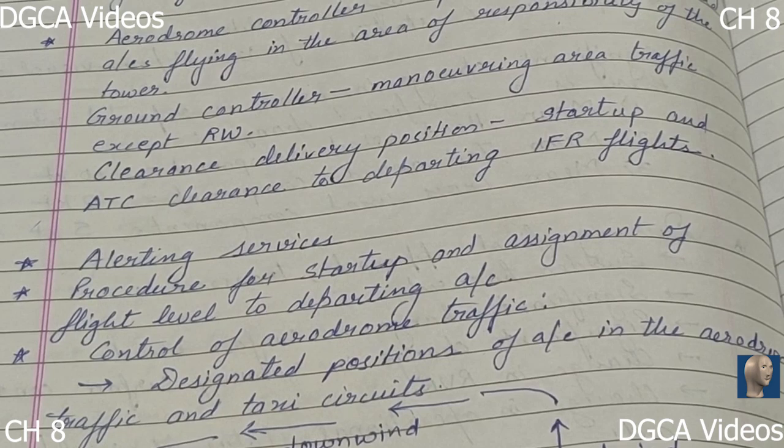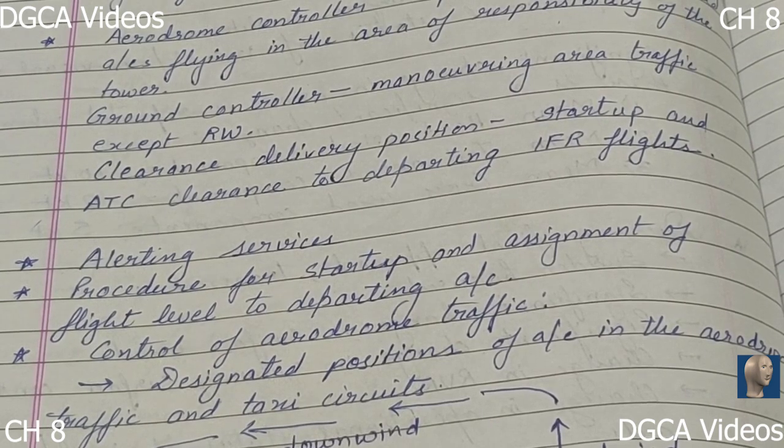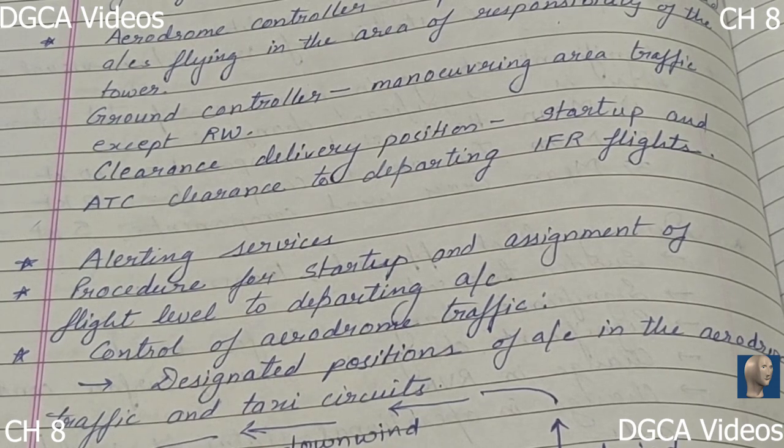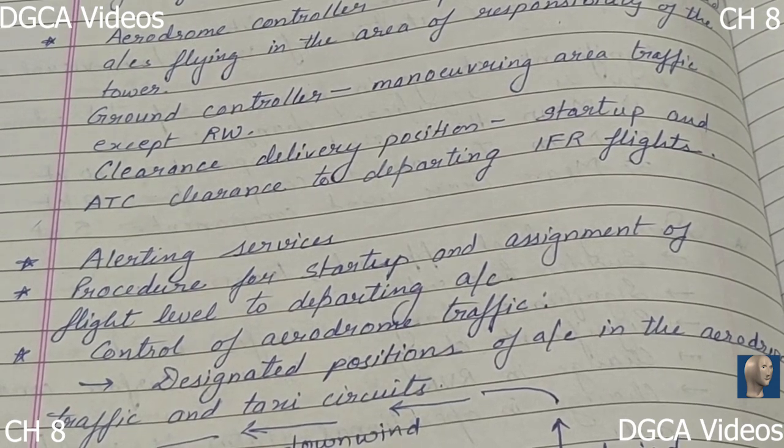Also, if information is received that the safety of an arriving aircraft has been impaired, and that aircraft comes under the jurisdiction of that aerodrome control tower, in that case they have to take action. And also if it is requested by any of the flight crew, then they have to provide alerting services to them.